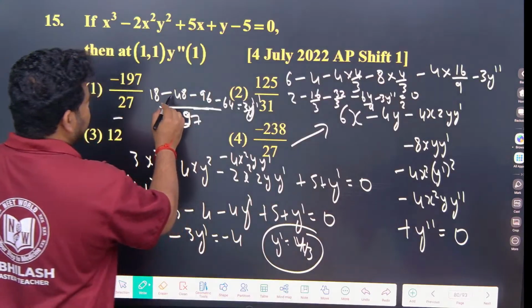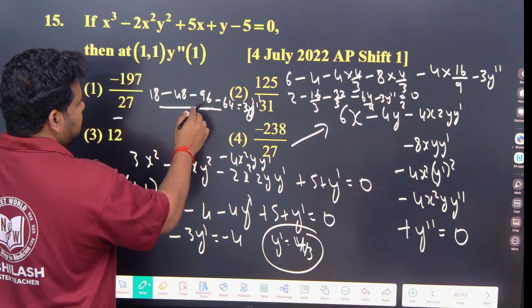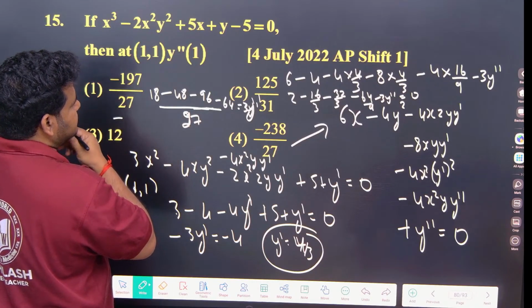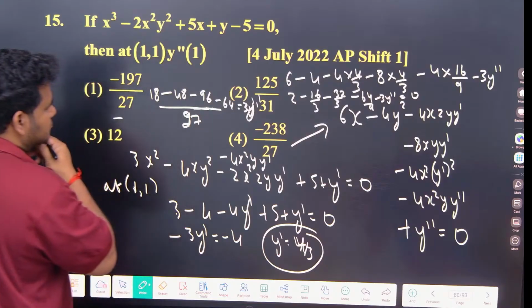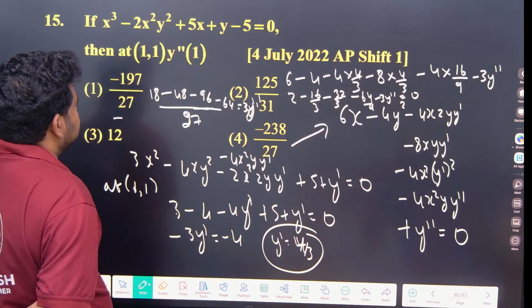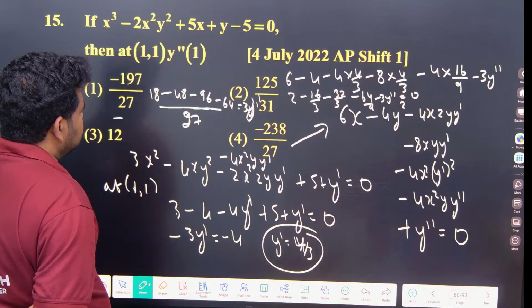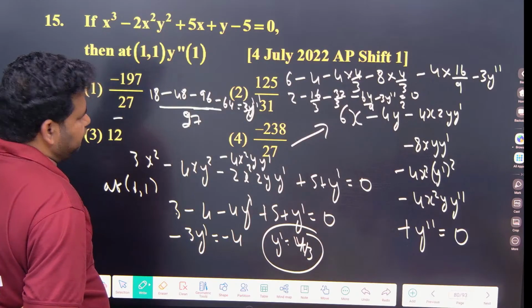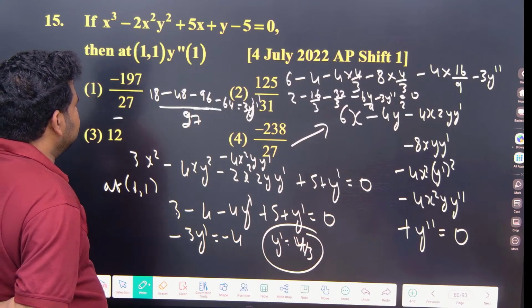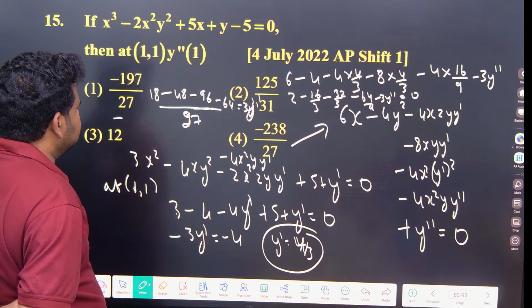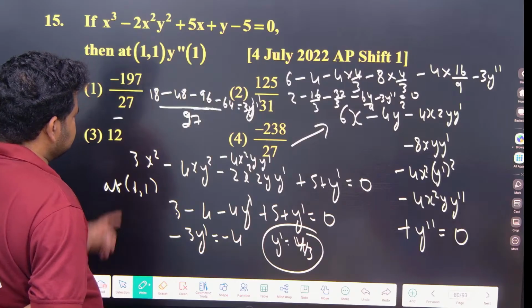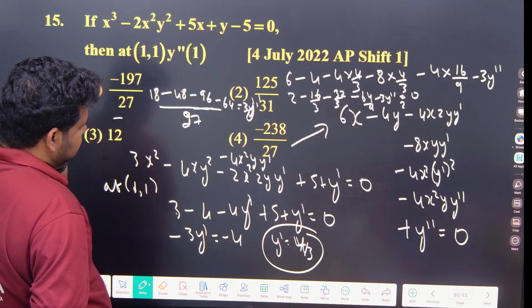So minus 48 minus 96 minus 64, 96 plus 64 is 160, 160 plus 48 is 208. Something is missing here. Let us check.